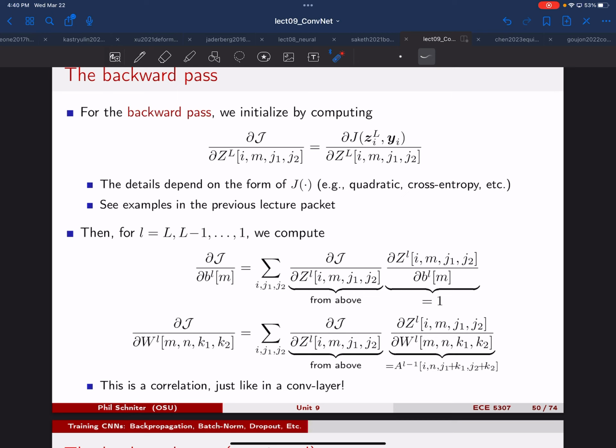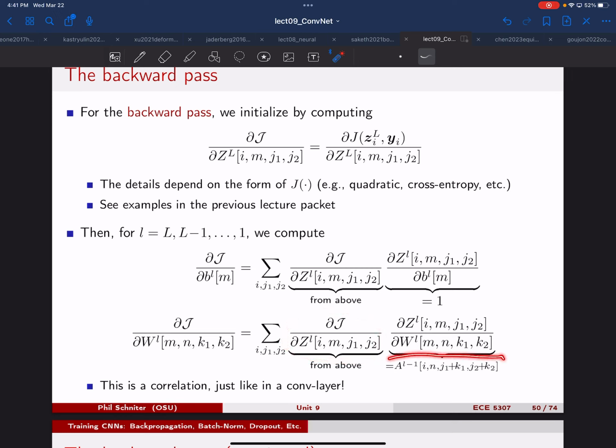So one thing I want to point out is when you compute this gradient, when you look at what remains, it has the form of a convolution or a correlation. So in other words, we can think about this as if it was a kernel, essentially.